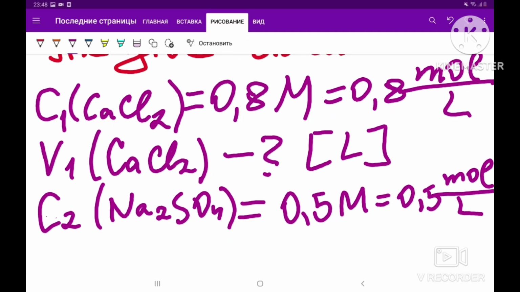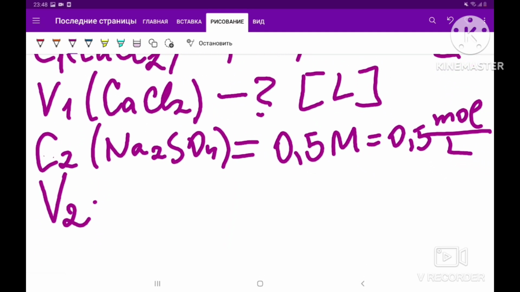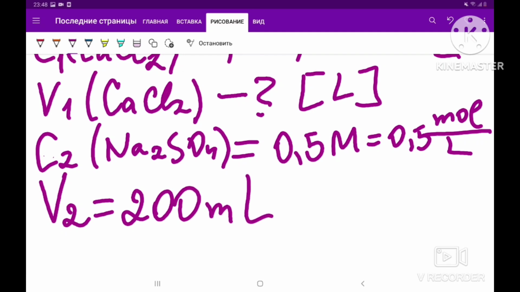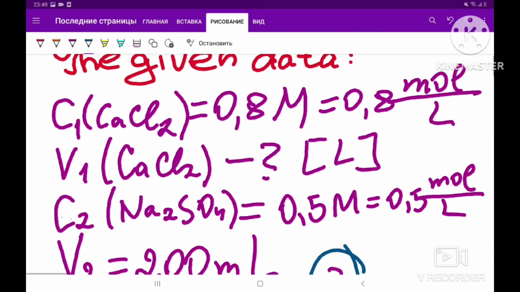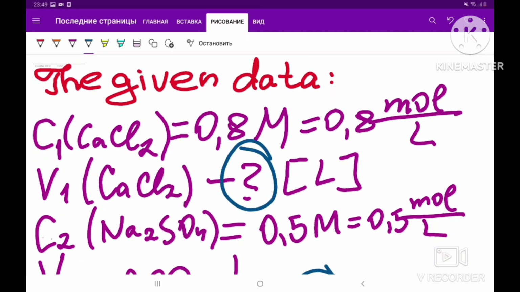And its volume is also given, that is 200 milliliters. And we also have to calculate the mass of calcium sulfate. So we have here two questions: to find the mass of calcium sulfate and to find the volume of calcium chloride.